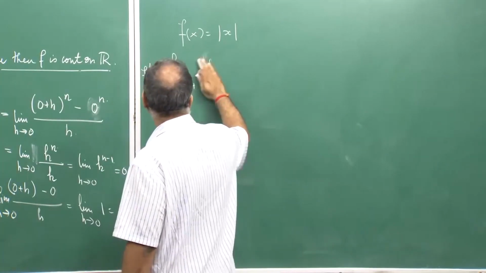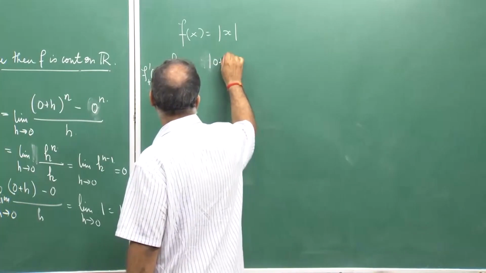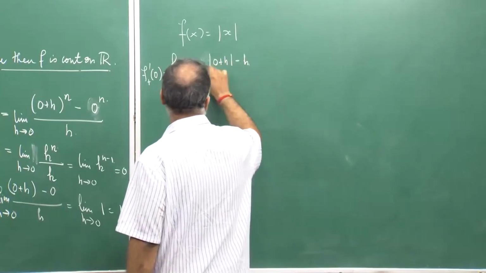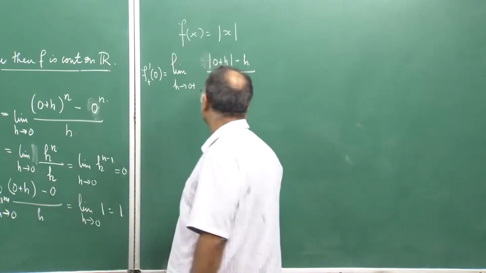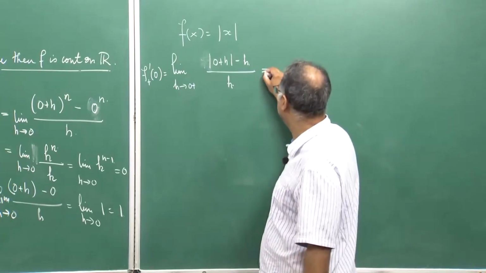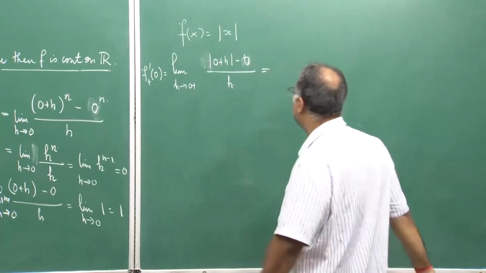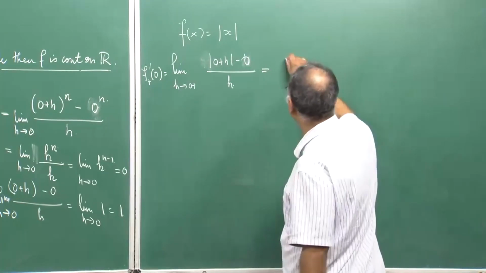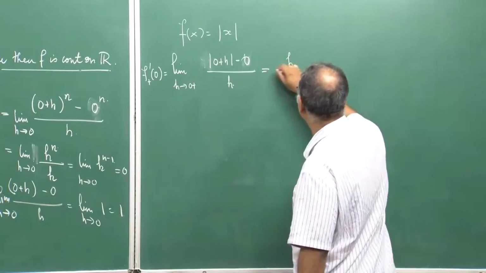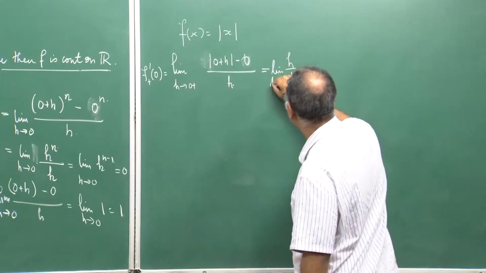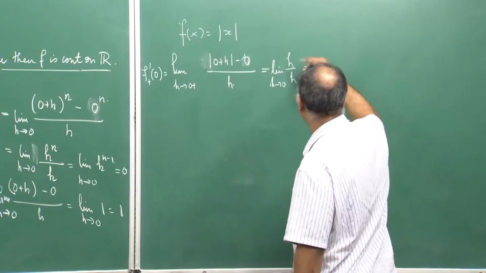So mod of 0 plus h minus 0, by h. So if h is positive, mod of h is h, so h by h is 1 and hence the limit would be 1.